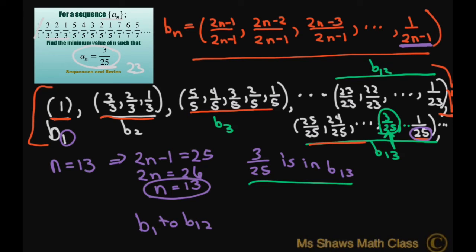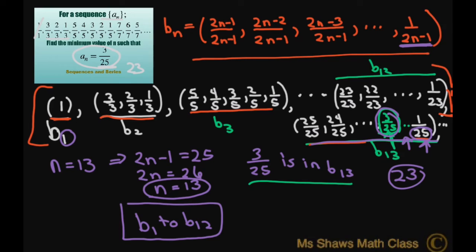We have 25 terms here, right? So this term here is going to be the 23rd term, this would be the 24th term, and this would be the 25th. So I'm going to find the sum from b sub 1 to b sub 12, and then add 23 to it, because we have 23 terms to get to this.